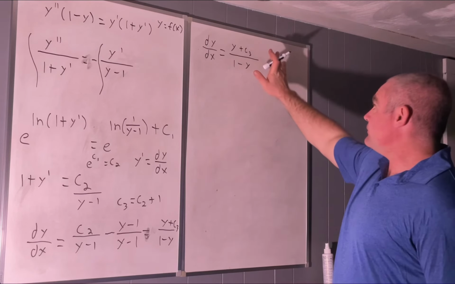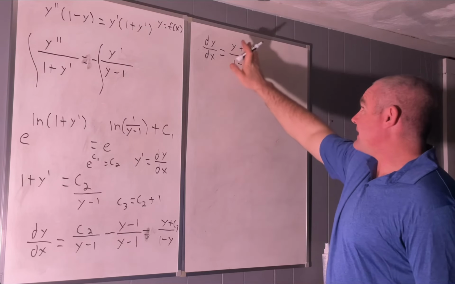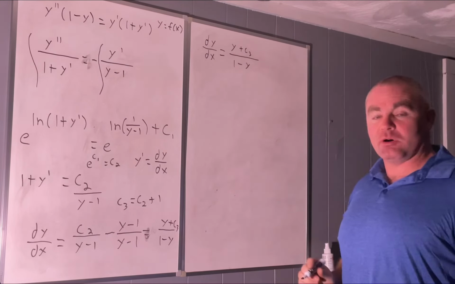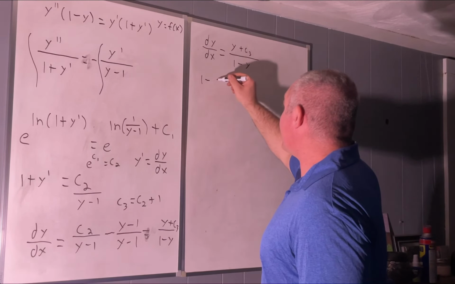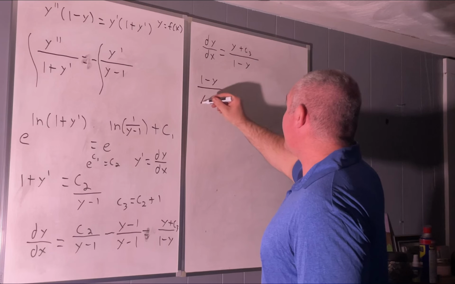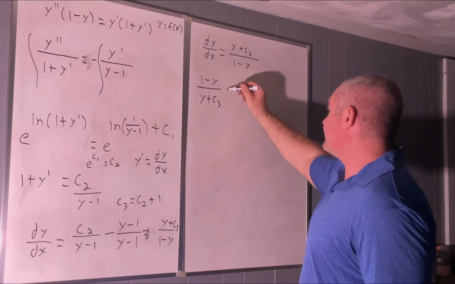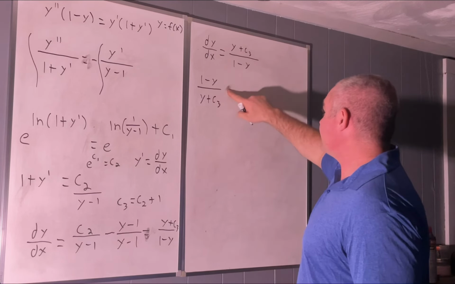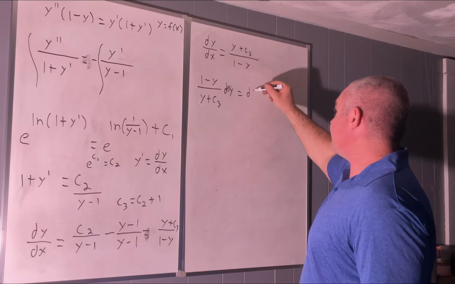Now we're going to divide both sides by the right-hand side and multiply both sides by dx. So that will give us 1 minus y over y plus c3 times dy is equal to dx.